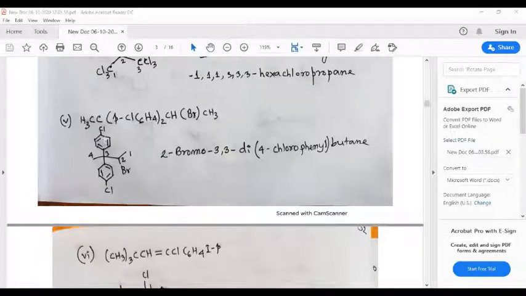This is parachlorophenyl. Two such parachlorophenyl groups. Then CH, this carbon is this one. To that carbon, one is bromine, one is methyl. So this is bromine and this methyl is this one. So it becomes 2-bromo-3,3-di-4-chlorophenylbutane. It's an alkyl halide as well as an aryl halide.